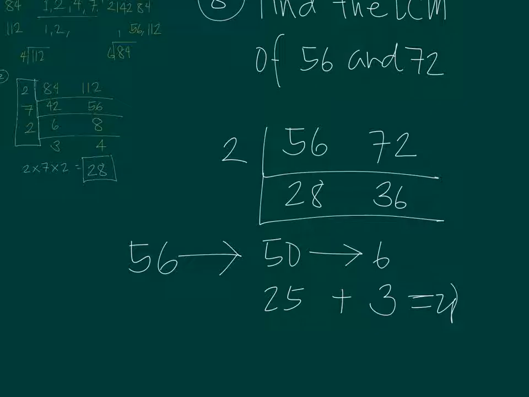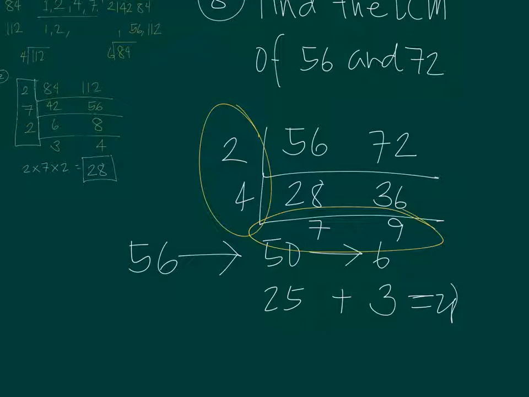Anyway, continue looking for divisors. 28 and 36. 4 can be. This will become 7 and this becomes 9. When we look for the highest common factor, it is 2 times 4, which is 8. But when you look for the LCM, you also consider the numbers here.